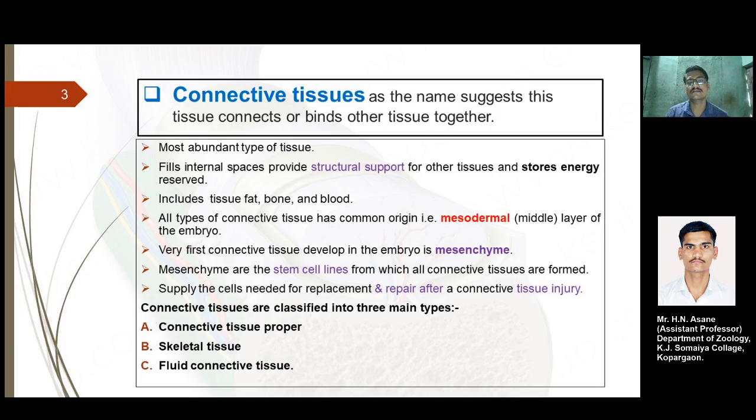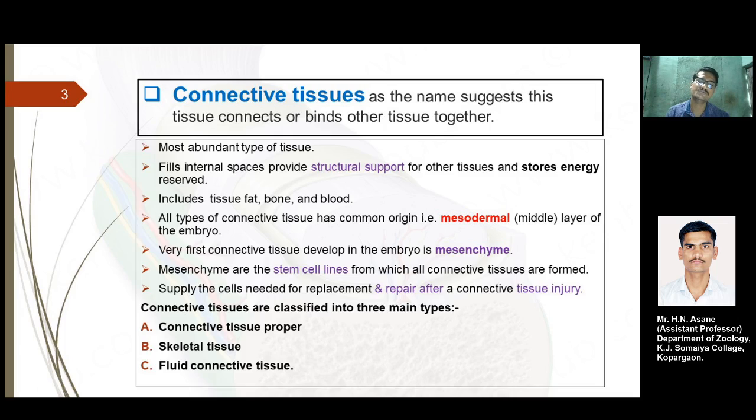They also carry a particular role to store energy reserves by storing fat in them. These tissues are fat tissues, bone tissues, and various types of wandering cells in one particular substance, that is the blood, which we are going to see.